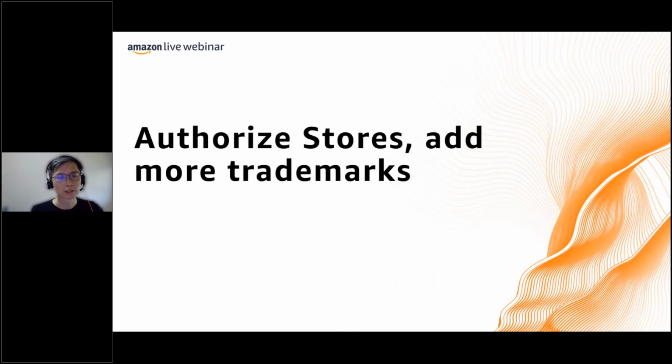Okay, next section is regarding how can you authorize your store and also add more trademark. So this is assuming you are the brand owner or you have the rights to authorize other sellers to use your brand.